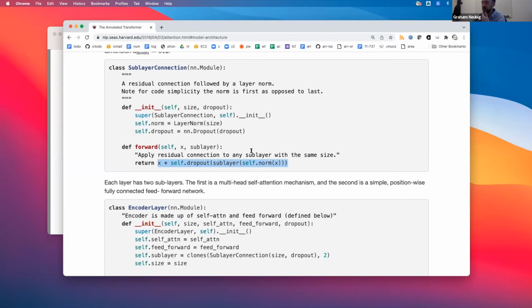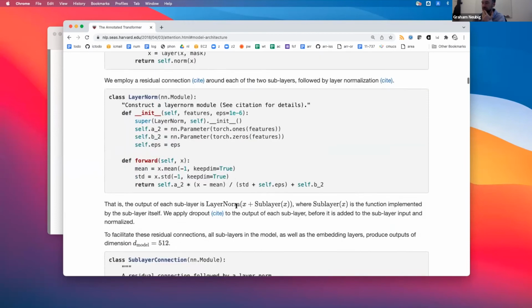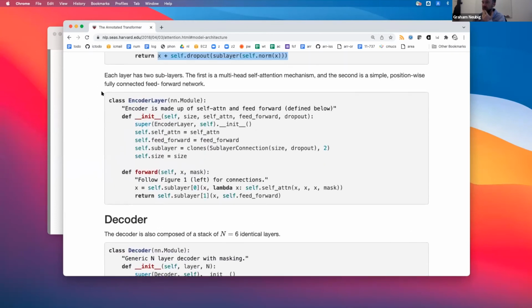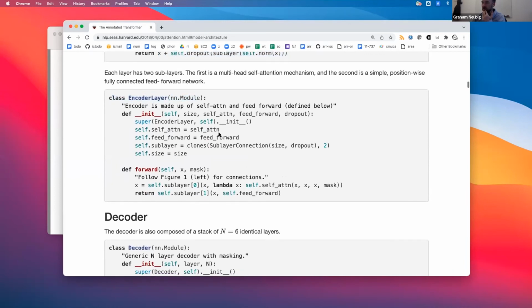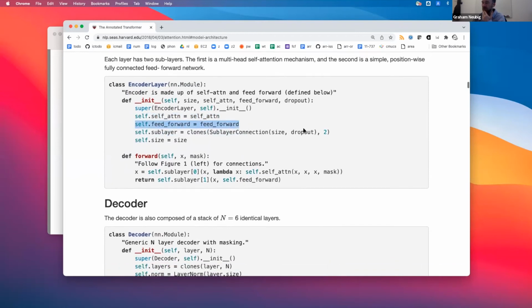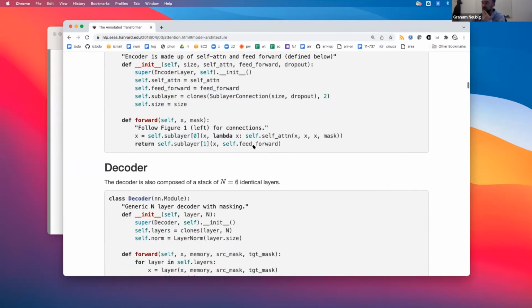So that's kind of the yellow block in the transformer stack here. And then each layer in the encoder has 2 sublayers. One is the self-attention layer. One is the feed-forward layer. And then this is cloned 2 times essentially there.